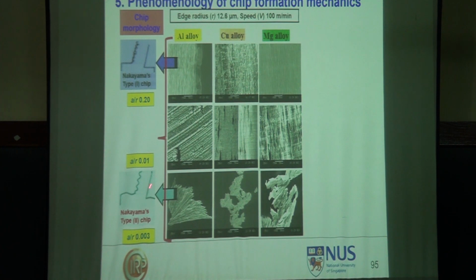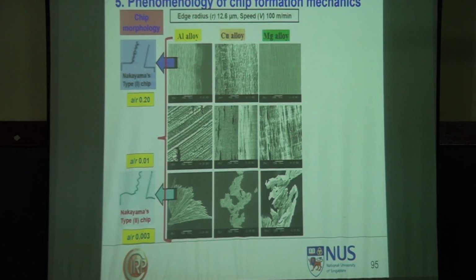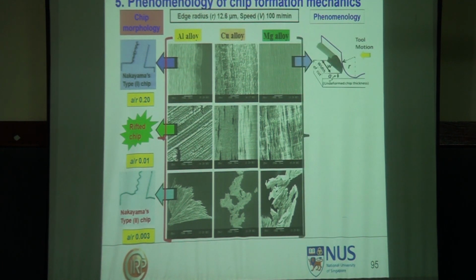Okay? And he termed this as chip type 1 and chip type 2, but in between we got another type. We call it rifted chips. Perforated chips or rifted chips, yeah. Then here we get complete chip. A by R is greater than 0.1, in between these two.